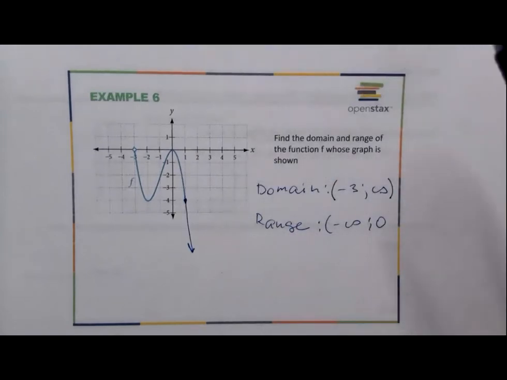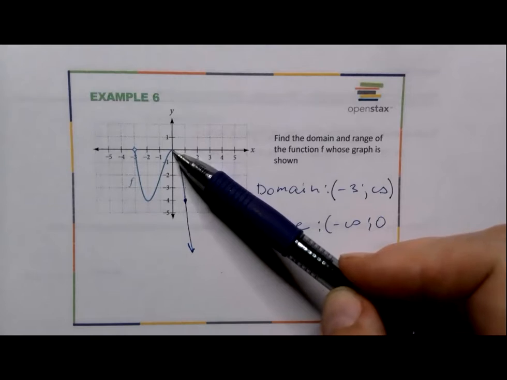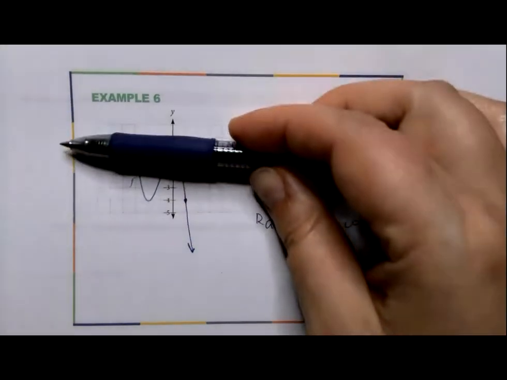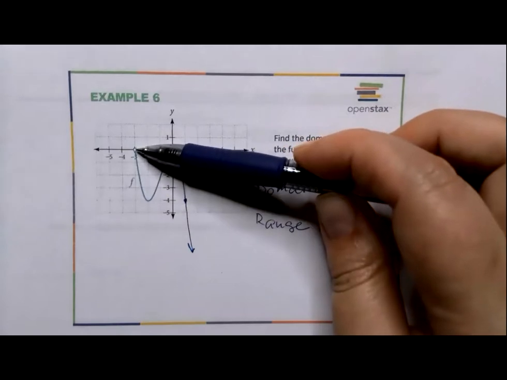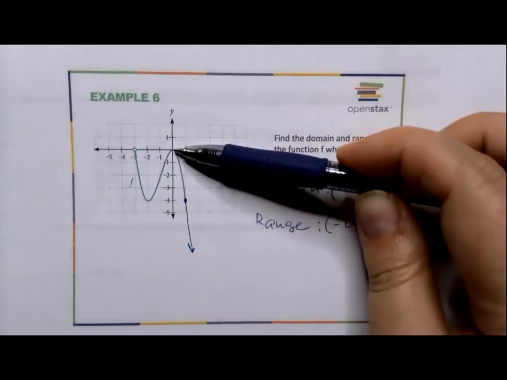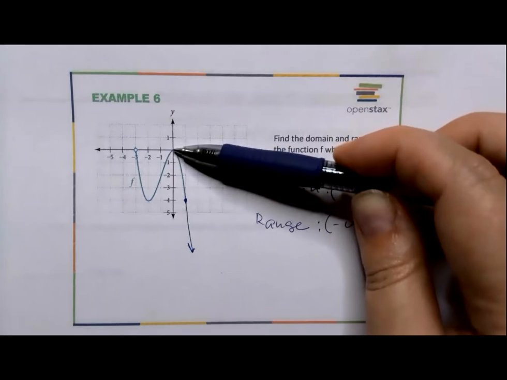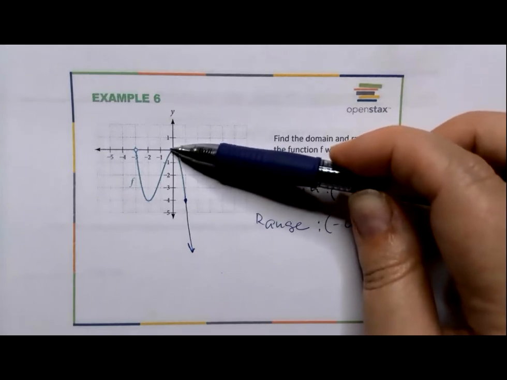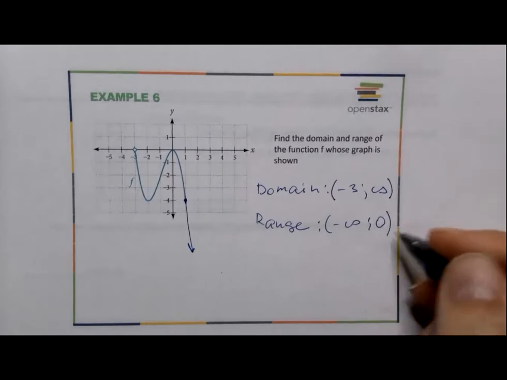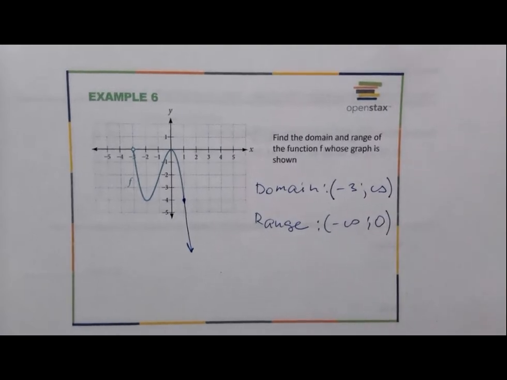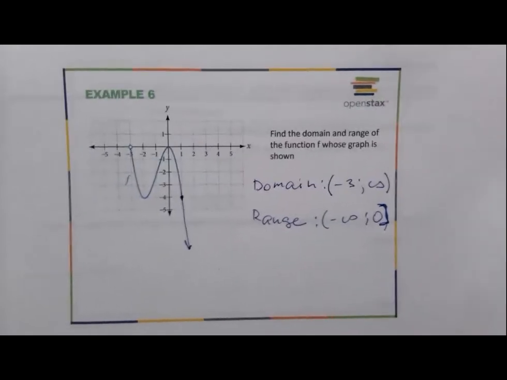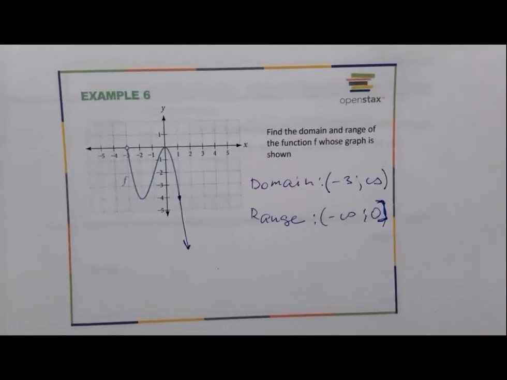Now, this is an interesting case because the function comes up to the level y equals 0 twice. Once here, and this point is not included, and once there, and that point is included. So we are going to include 0 because it touches 0 at least once. Including the 0 endpoint.